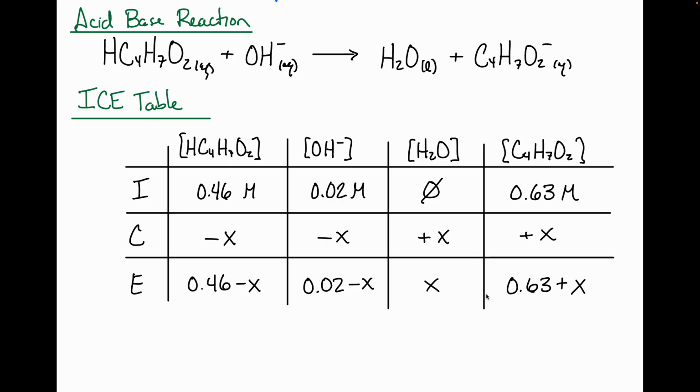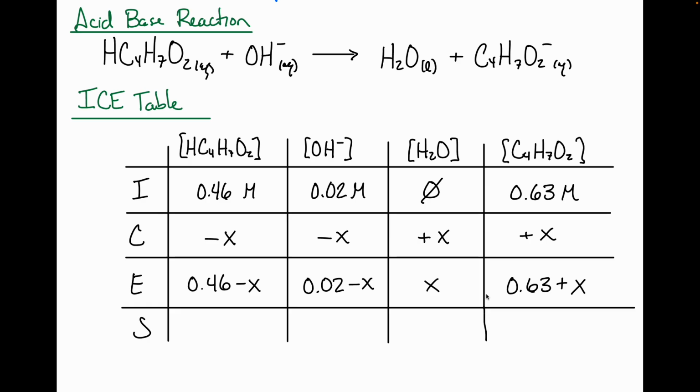All right, so I have my ice table here. How am I supposed to solve for my value of x? If I want to put my extra little ice row in here, which one of these do I know at equilibrium? The OH, right? Because all of the strong will react.